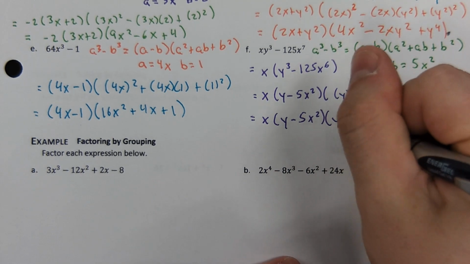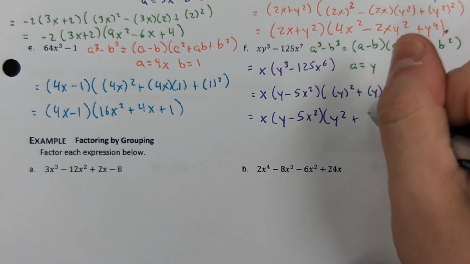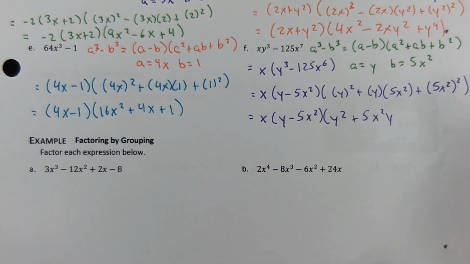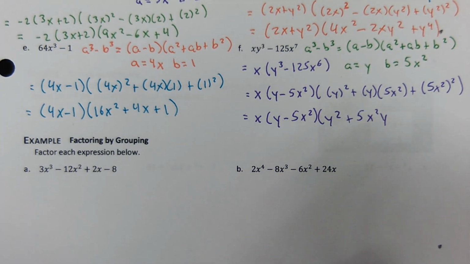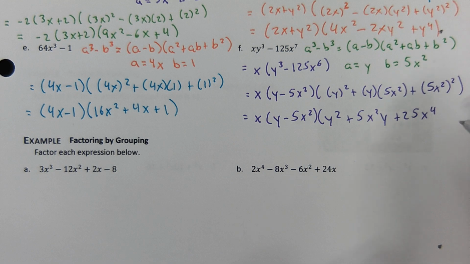Then we have y squared. I like my variables to be in alphabetical order, so I'm going to say 5x squared y. And 5x squared, quantity squared, means 5x squared times 5x squared, or 25x to the 4th. Ta-da!